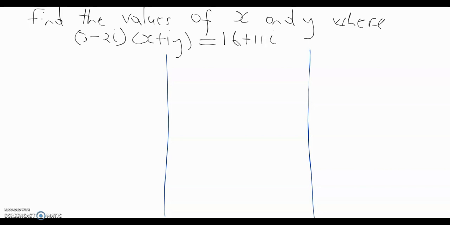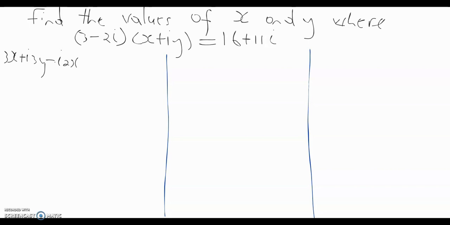So everything in the first bracket will multiply everything in the second bracket. So we go ahead with 3 times x, which is going to be 3x, and 3 times iy. So that's going to be plus i 3y, or we could say 3yi, whichever one works. Then we have minus 2i times x, so it's minus i 2x. Then you have minus 2i times iy.